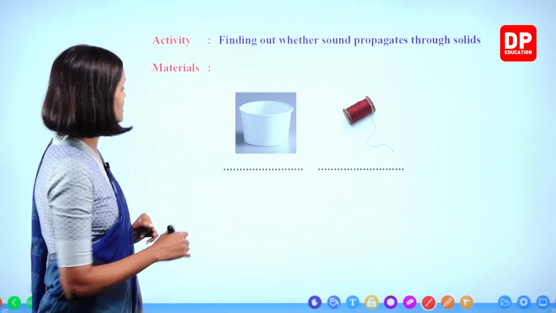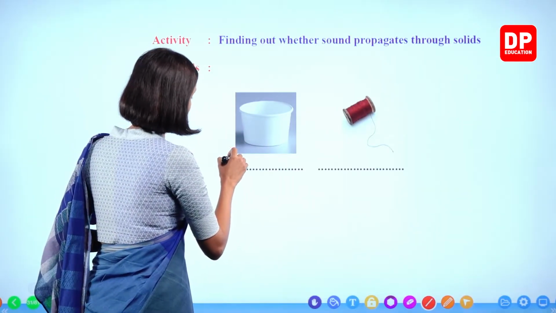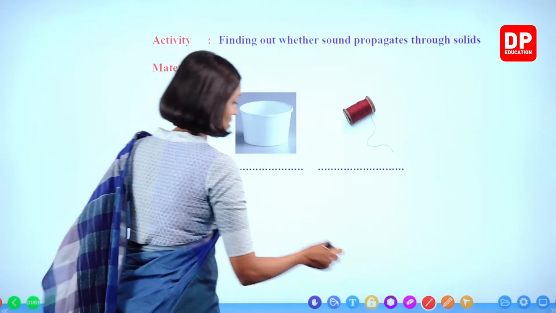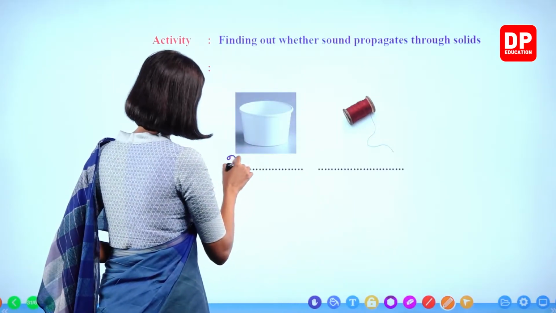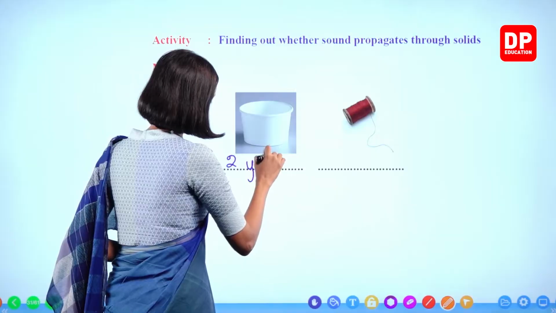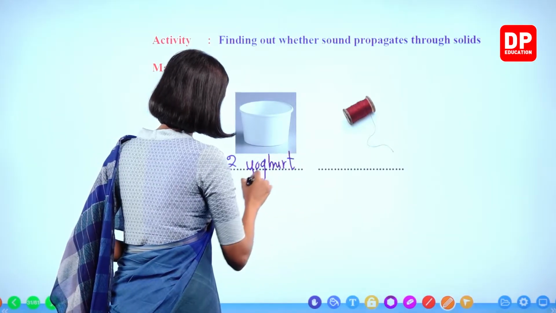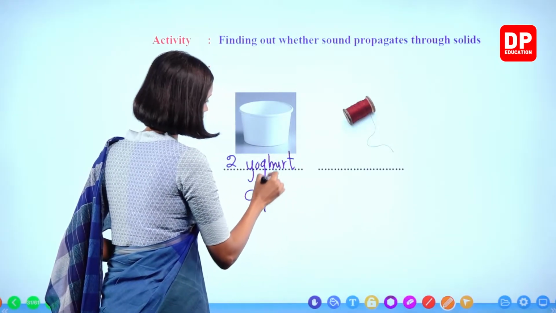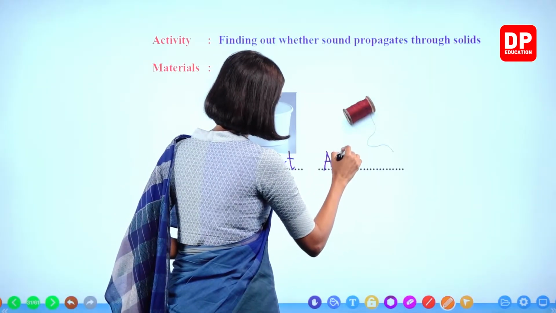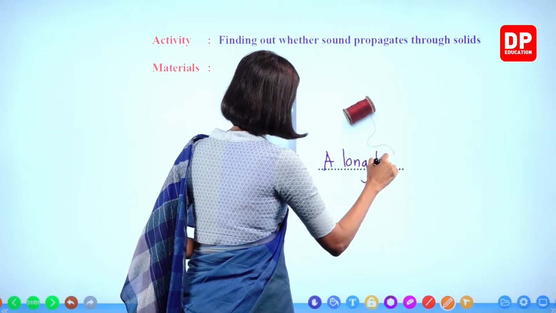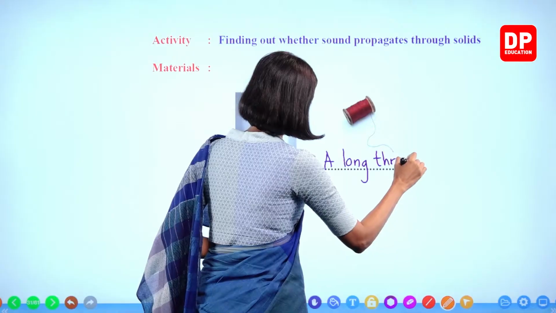Okay? Right. So you need 2 yogurt cups to do this activity, and a long thread.